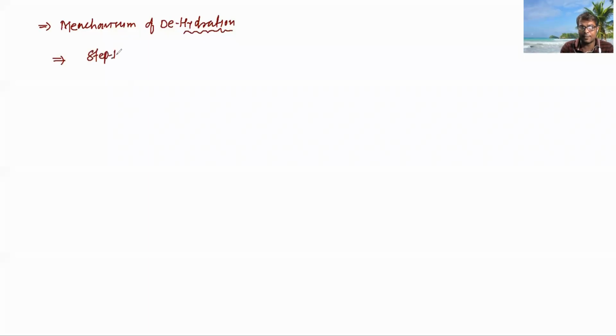In step first, the example taken is ethyl alcohol. Ethyl alcohol has oxygen with two non-bonding electrons. When treated with concentrated H2SO4, which I am writing as a Lewis structure here, we know that H2SO4 is a strong acid and has the tendency to donate H+.